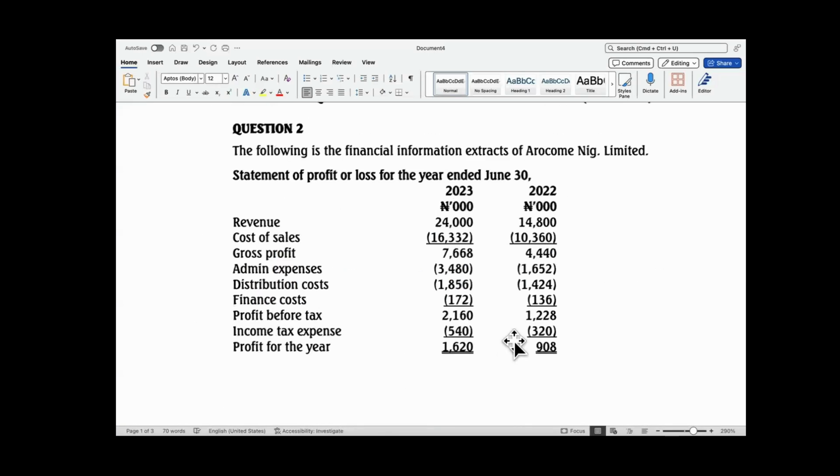While our revenue in 2023 is 24,000, and in 2022 is 14,800. So I'm going to cram the profit 1620 and 908. Chidima, cram this profit for 2023 and 2022.